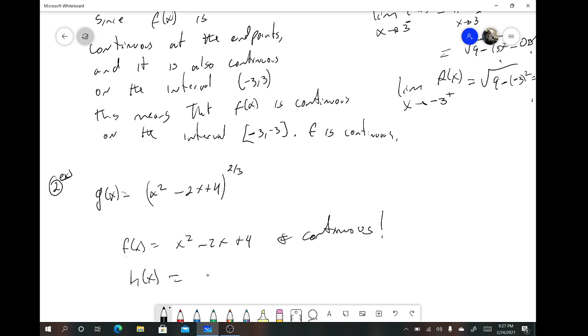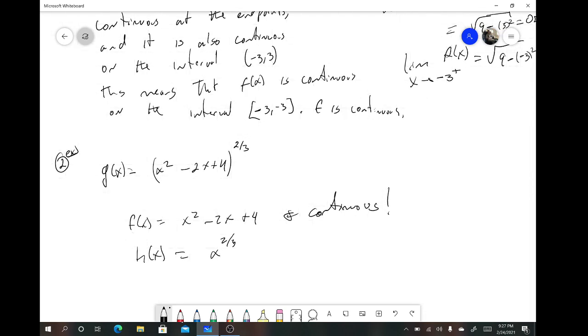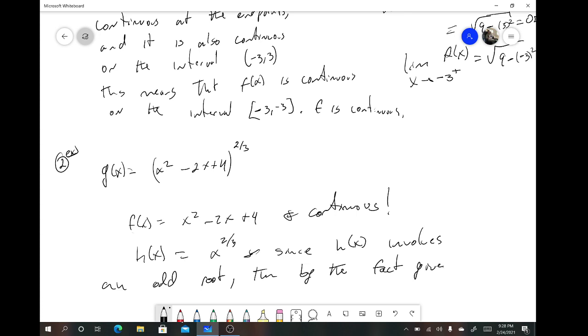Let's say h of x is going to be the cubic root of x squared. Since h of x involves an odd root, then by the fact given before, this is also continuous.